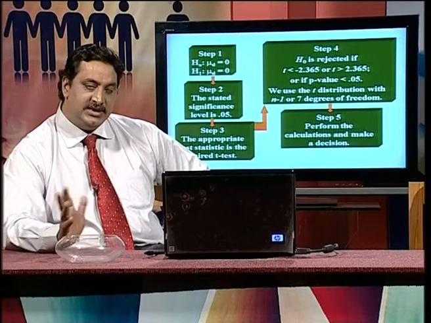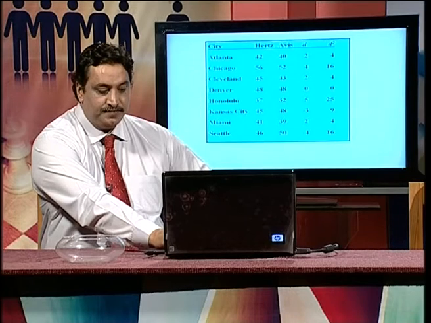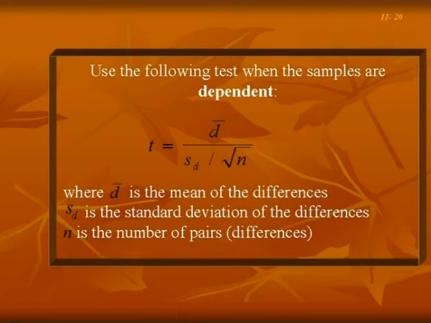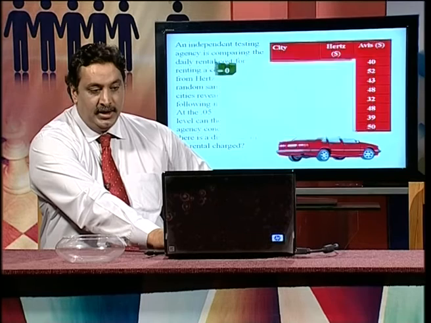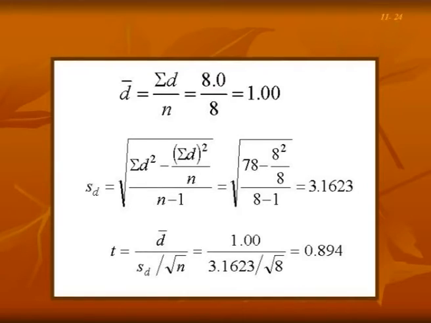Step 2 is the same, the level of significance, and in step 3 we use the T statistics. In the previous slides we showed the T statistic, T equals D bar divided by SD over square root of N.